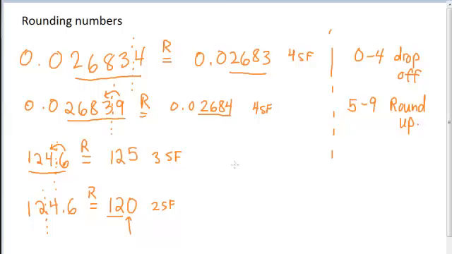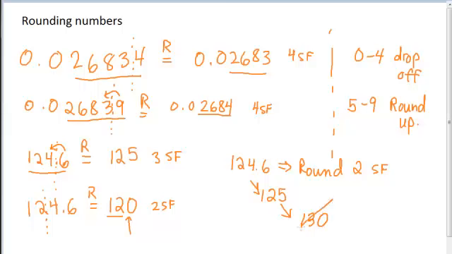What you want to watch for, one common mistake that students make, if my calculator displays 124.6 as my answer, and I know I need to round to 2 sig figs because of the nature of the problem, do not round twice. In other words, don't say, well, that rounds to 125 to 3 sig figs, which rounds to 130 to 2 sig figs.